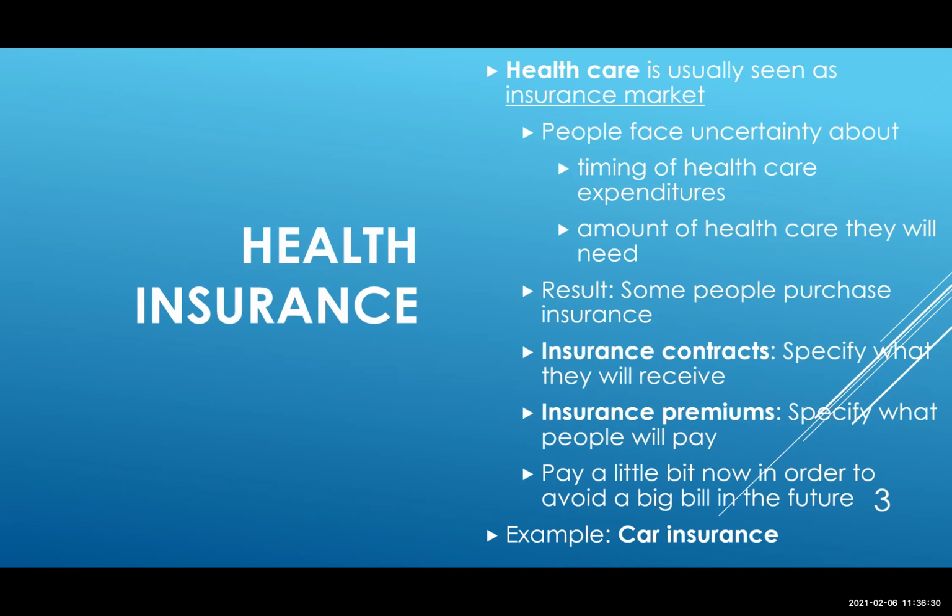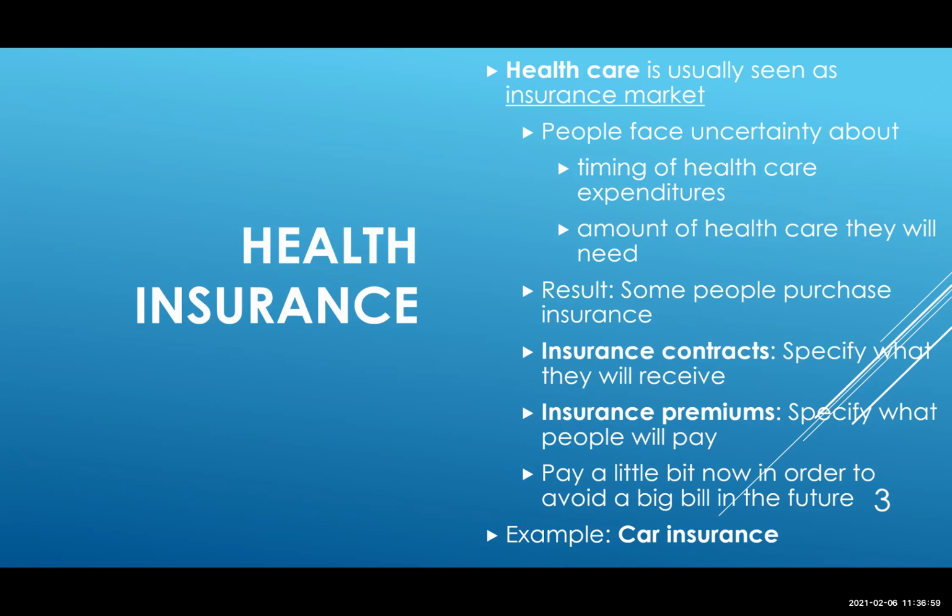And a lot of times people are facing uncertainty about the timing of health, like when you're gonna need your health insurance and how much health insurance you will need. As a result, some people pay insurance, and the levels of insurance depend on the amount of need individuals think they'll need during the year.